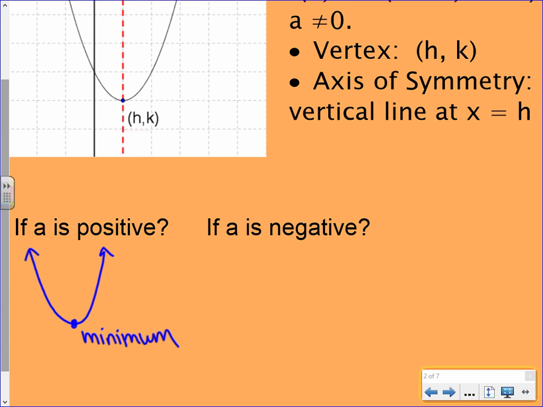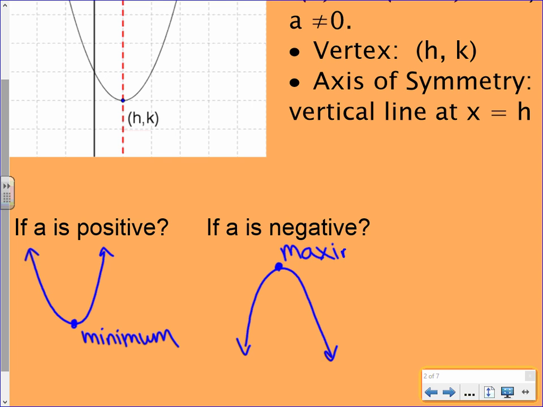Okay? If a is negative, with your arms, what does our parabola look like? Function aerobics time. Okay? So Connor, what is the vertex when we have an upside down parabola? It is a maximum.